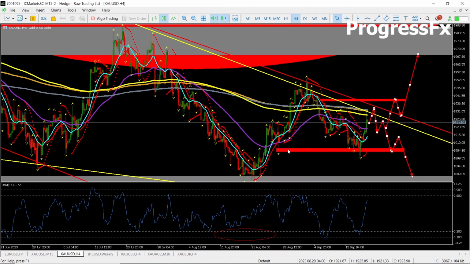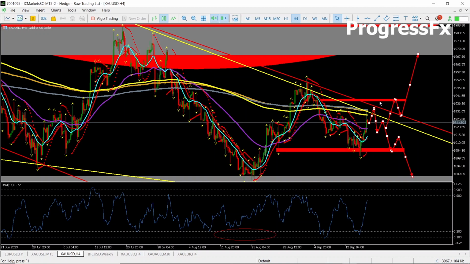Since it tested the 1904 and pulled up to close above the 31st monthly moving average, indicating a strong bullish movement, which means at this point the ranging, like I said before, will probably be between 1920 and 1950.